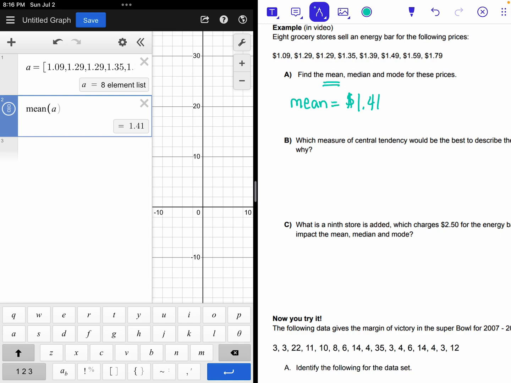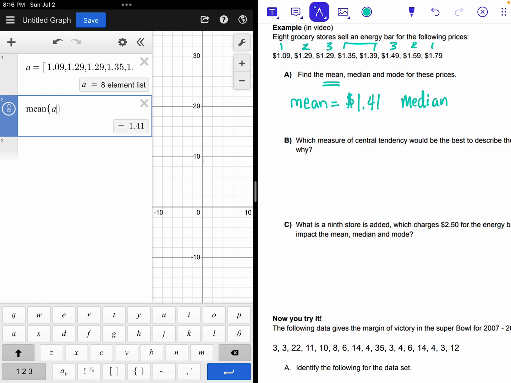The next measure of central tendency is known as the median. If I wanted to find the median by hand, I would need to organize my data from lowest to highest, which I already have, and then I sort of count off. So it's like I have 0.1 and then 0.1 and then 2, 2, 3, 3, and then I get my middle here. If there was actually a middle number, that would be my median.